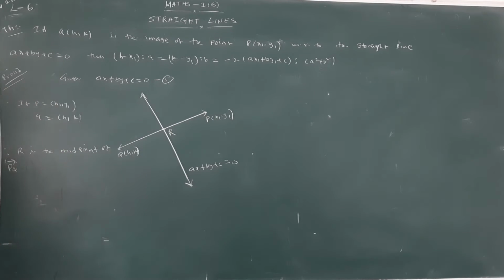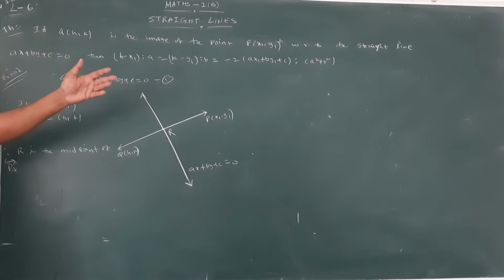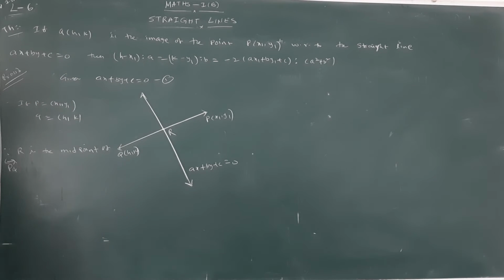Q(h, k) is the image of P. Q is related to P how? The image is nothing but its shadow. Then R is the midpoint of PQ.